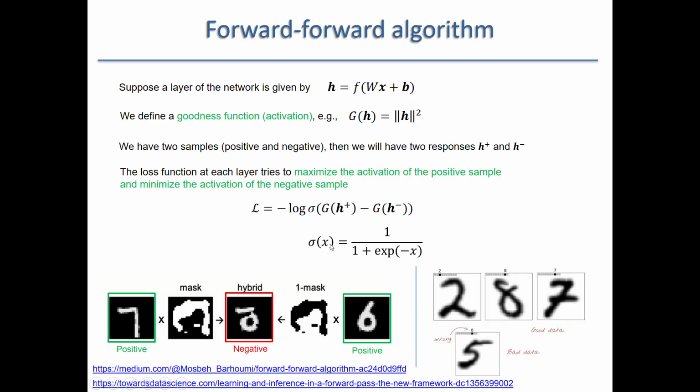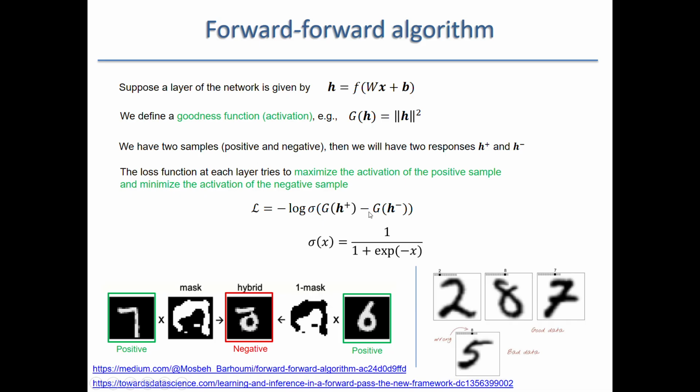So we have this sigmoidal function, and then what we want to maximize is the activation of the positive minus the activation of the negative.